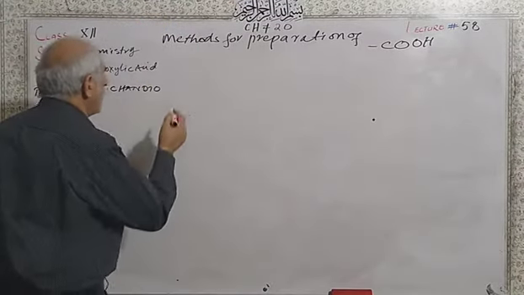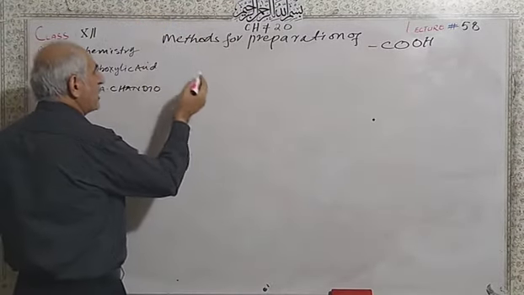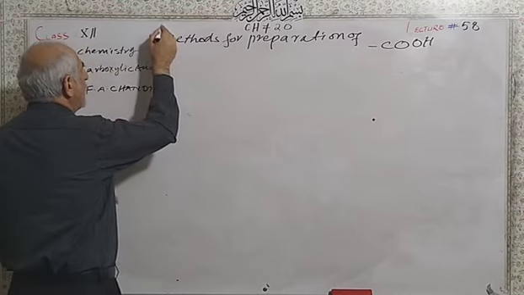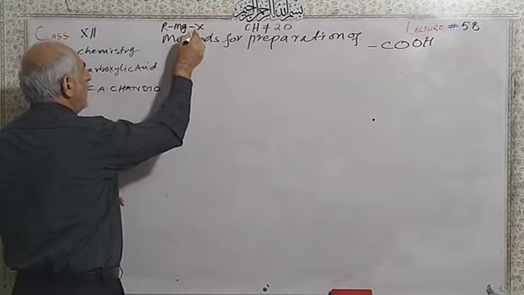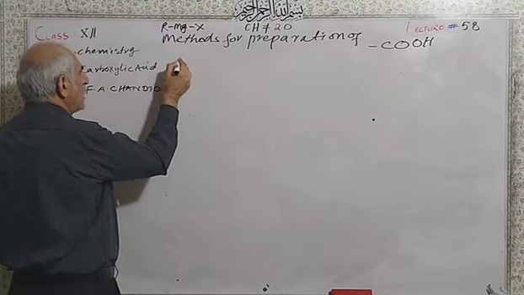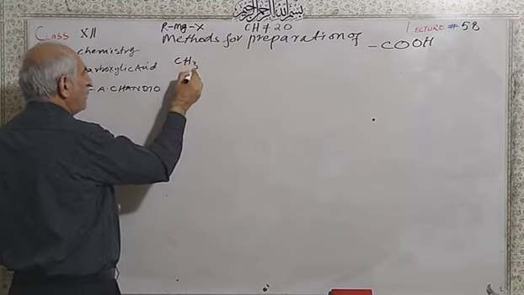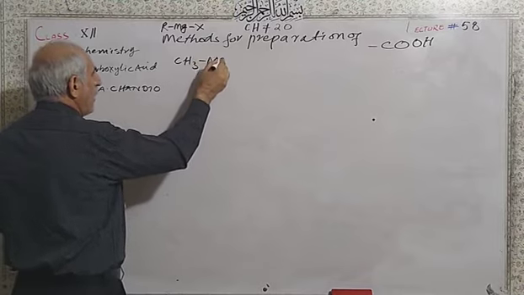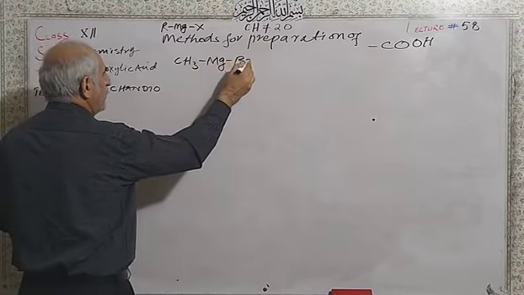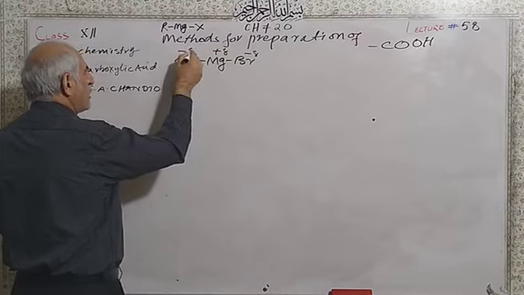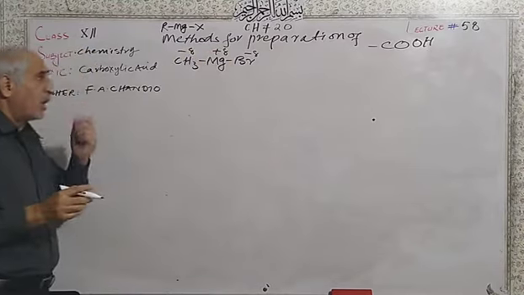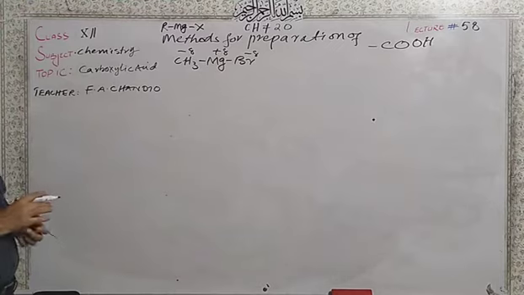When you use carbon dioxide gas with a Grignard reagent, the Grignard reagent is an alkyl magnesium halide, for example methyl magnesium bromide, with partial negative and partial positive charges. This is a very important organometallic compound.